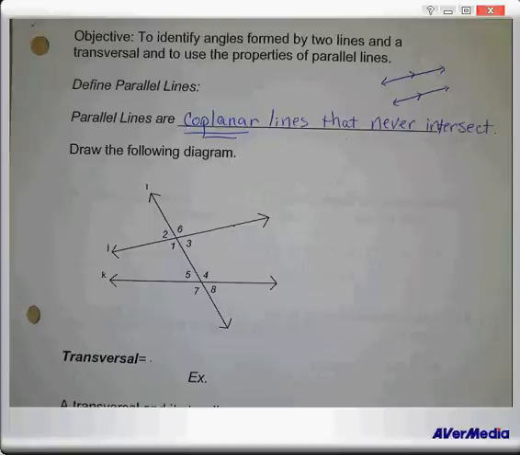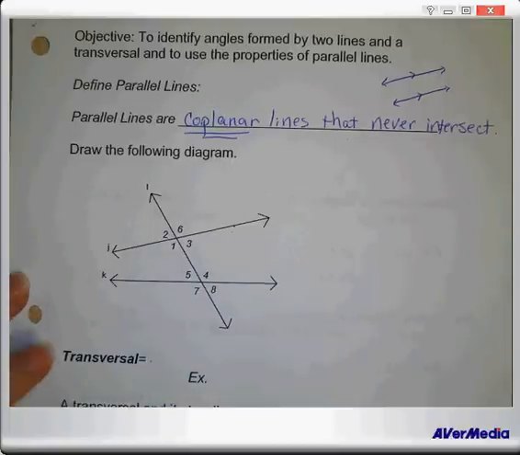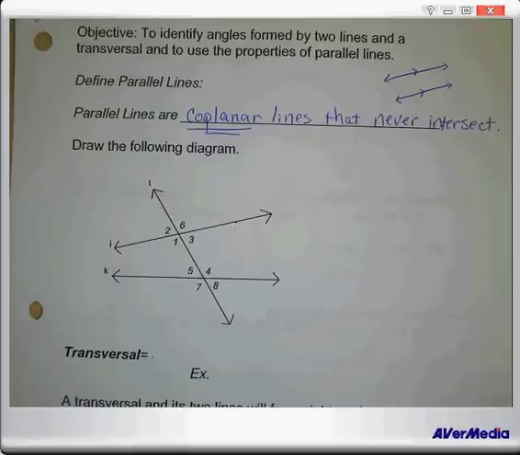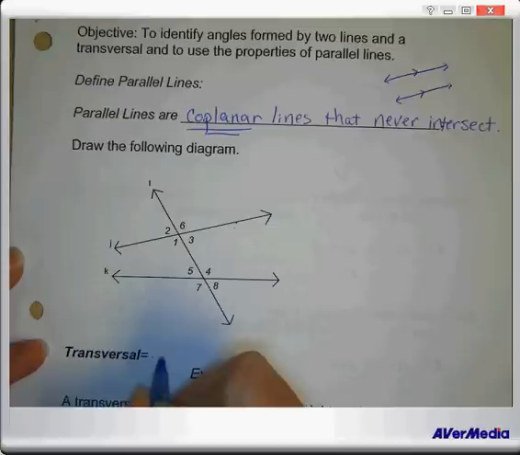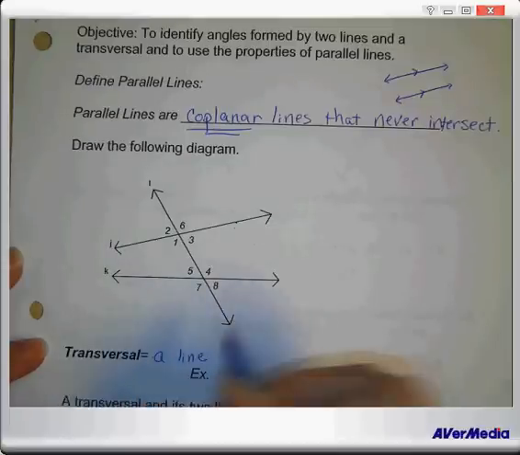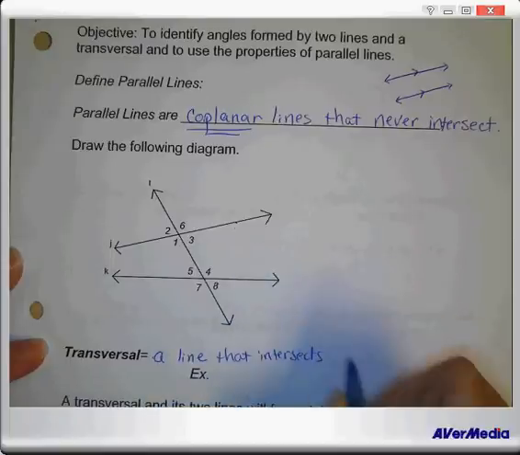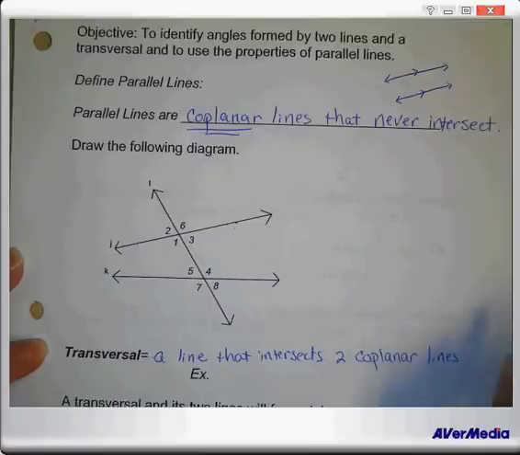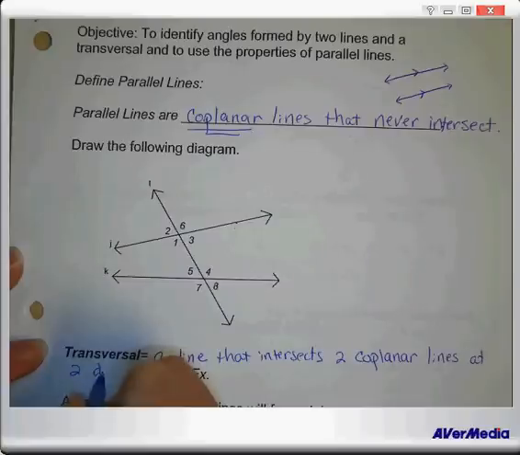Well, first things first, we need to be able to look at this one. And the first thing we have to define is the word transversal. What is a transversal? A transversal is a line that intersects 2 coplanar lines at 2 distinct points.